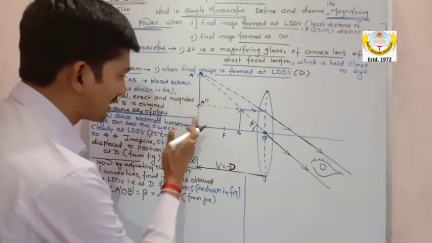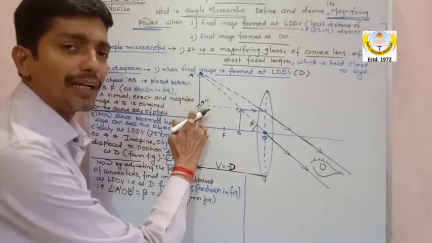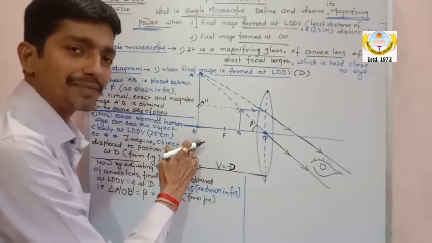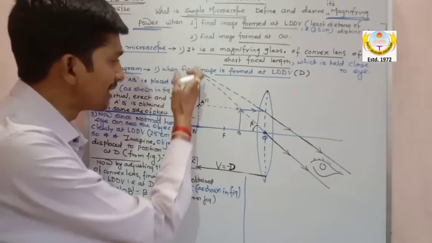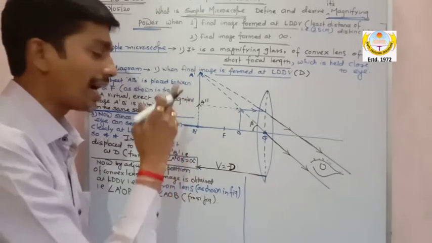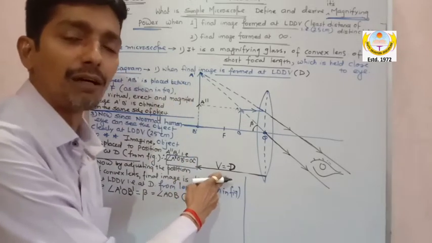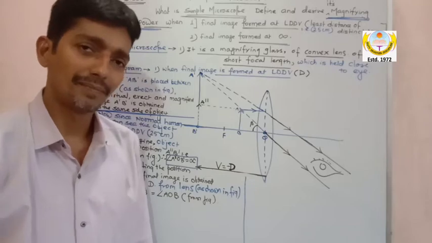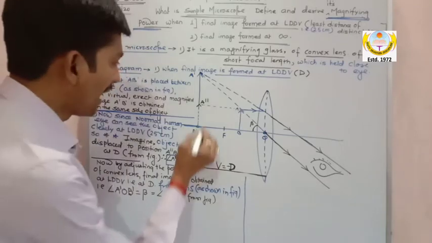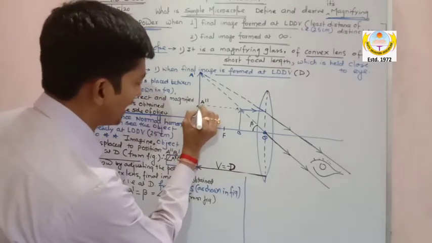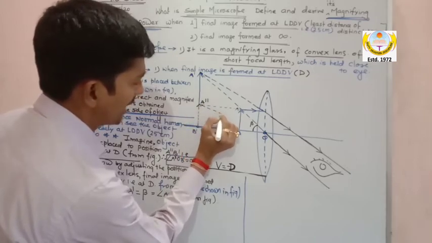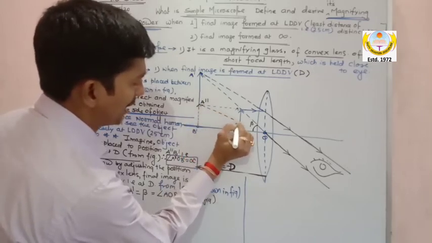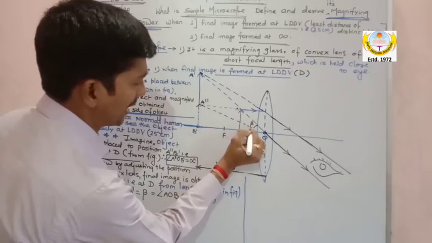Now what is happening? The object is now lying at A double dash B dash. What is the meaning of this? Oh God, the object and the image both are at the least distance of distinct vision. And assume that this makes an angle at the lens. The object is now making an angle, whereas earlier it was the image making an angle.